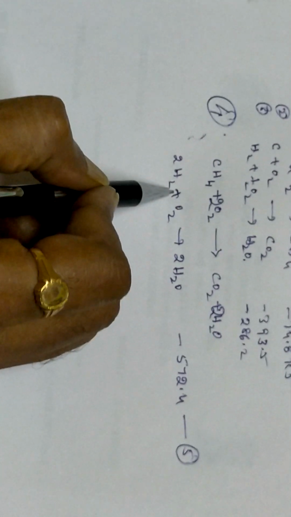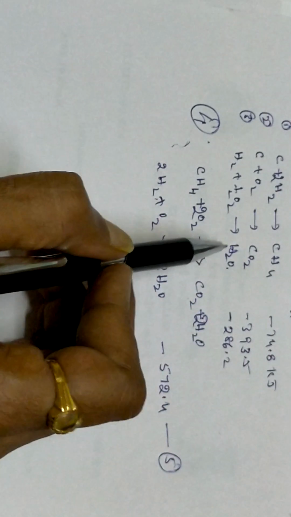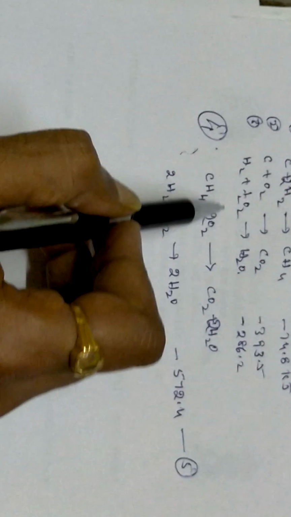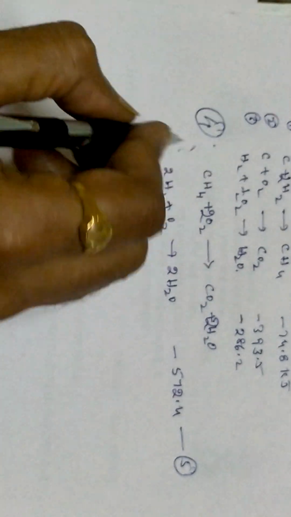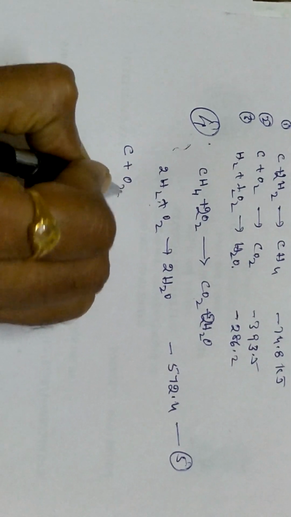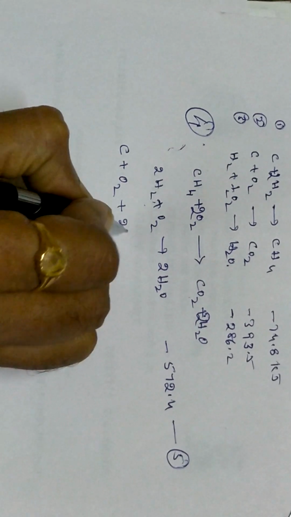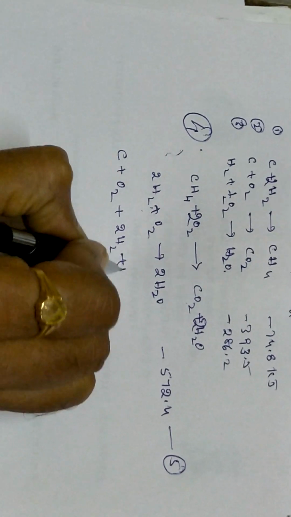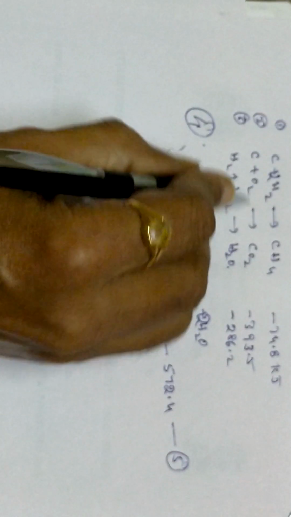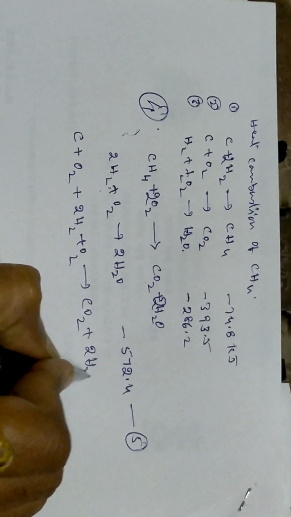Now if I add equations 5 and 2, CO2 will be on the right side, and water. So 5 and 2 added: C plus O2, plus 2H2 plus O2, gives CO2 plus 2H2O.